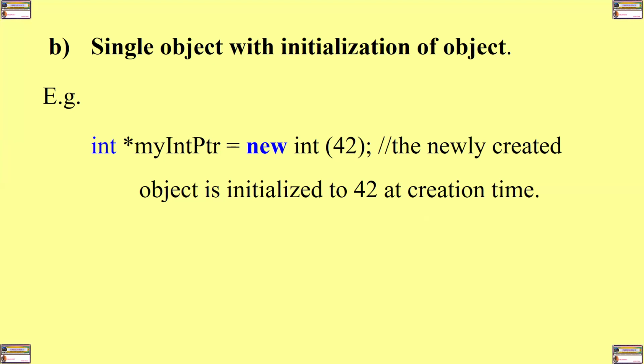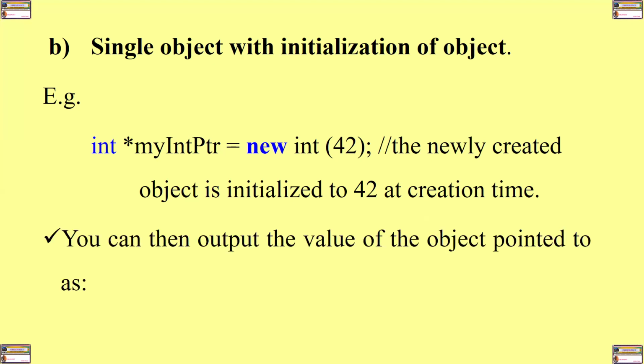And therefore, because my pointer called myIntPointer has been initialized to the address of the new variable, it means that we can access the value stored in this variable directly or indirectly using the pointer.